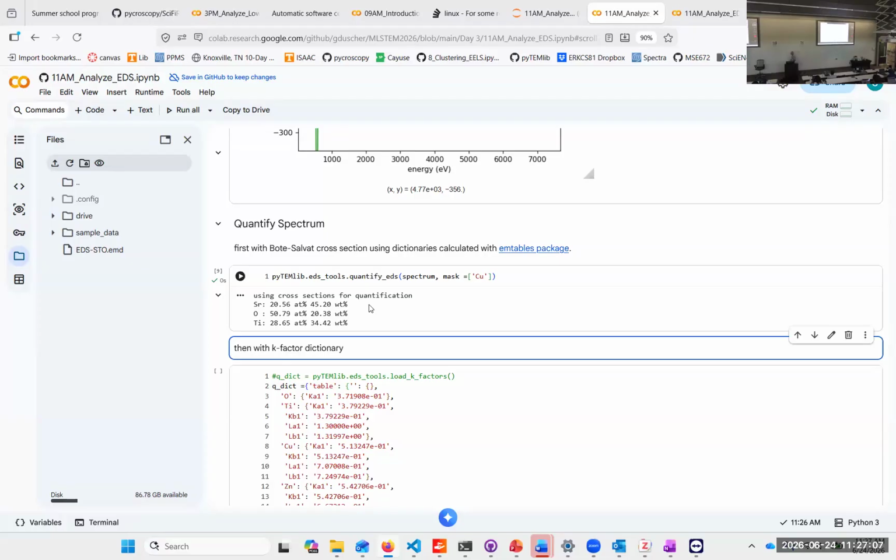So the K-factors give us the relative counts of an element with respect to a reference one. In our case, it is silicon, I think. Others have iron as a reference.